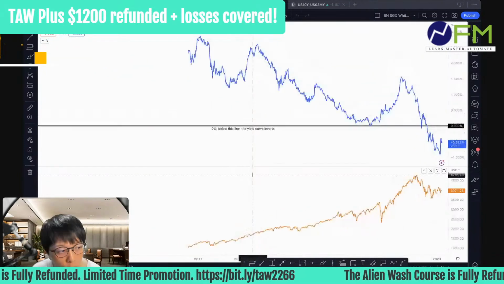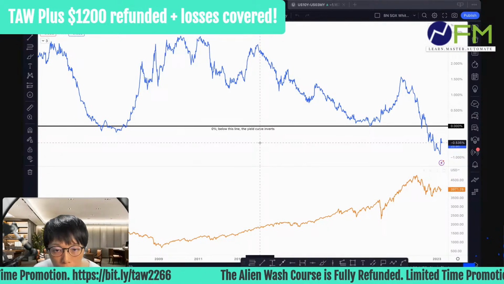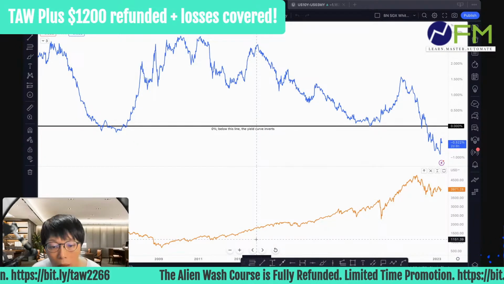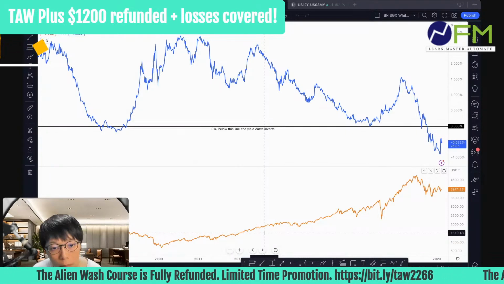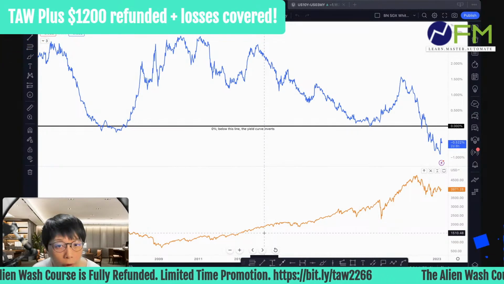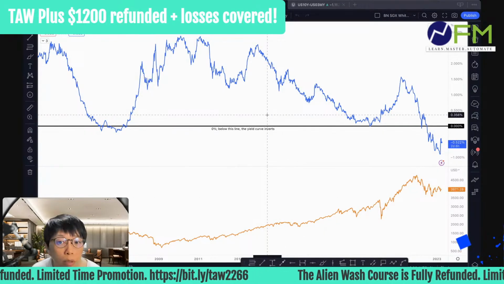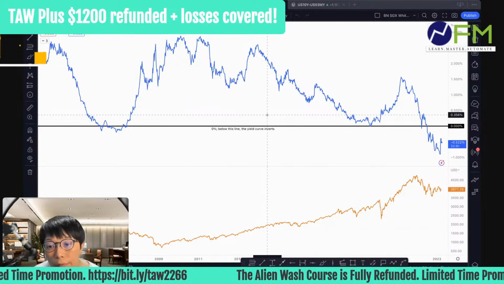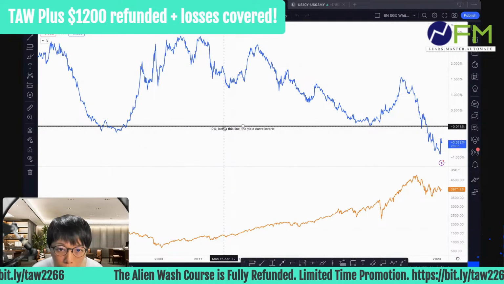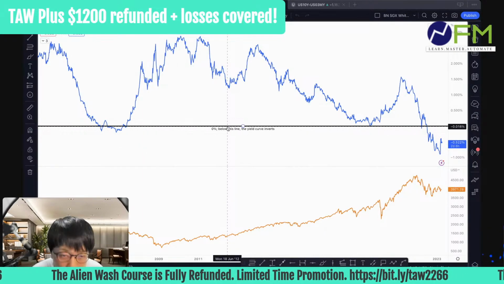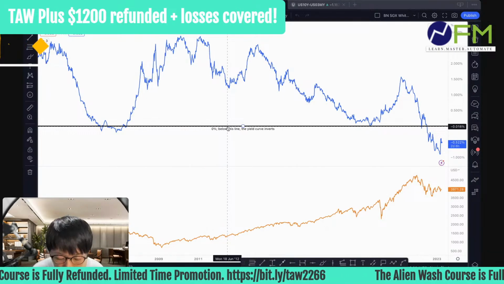This is a historical chart, shown at the weekly time frame. At the bottom is SPX, the S&P 500, in orange. On top is the 10-year and 2-year difference, which is the yield curve. Anything less than 0, below the black line, shows that the yield curve between the 10 and 2 has inverted.